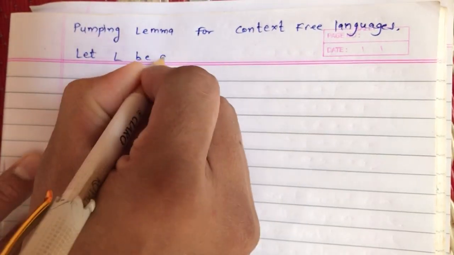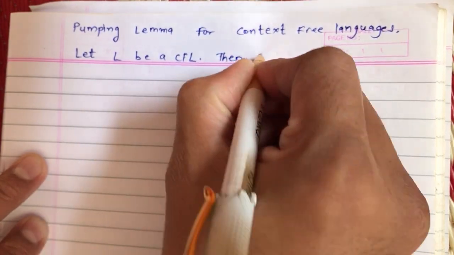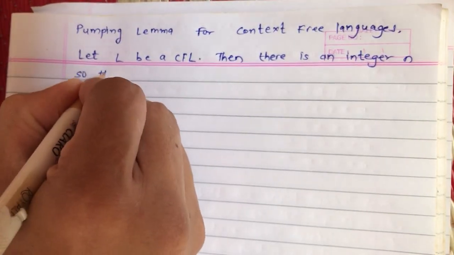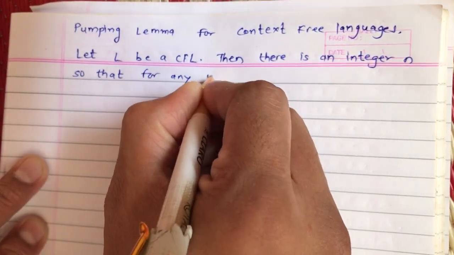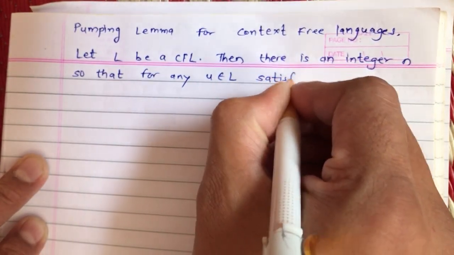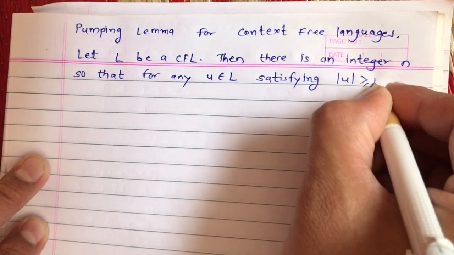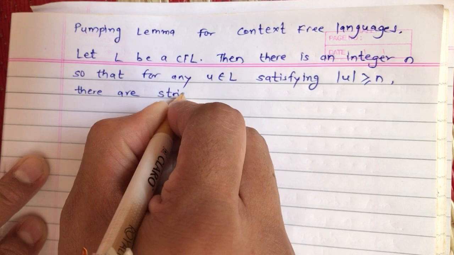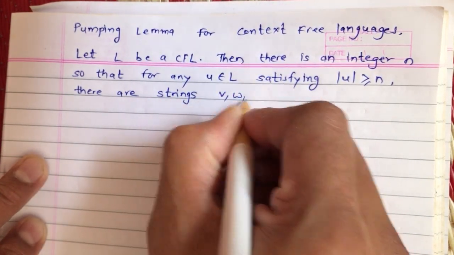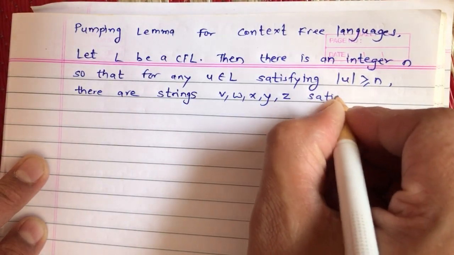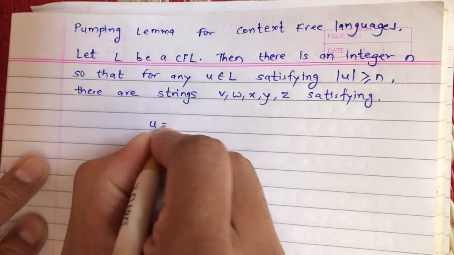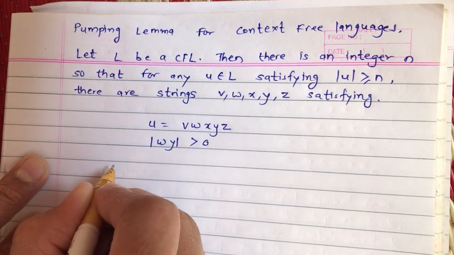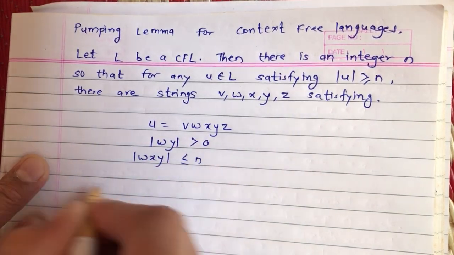Let us assume that L is a context-free language. Then there is an integer n, so that for any string u that belongs to that language, satisfying the constraint that the length of that string is greater than or equal to n, there are substrings of this string in the form of v, w, x, y and z that satisfy the following: u is equal to vwxyz, length of wy is greater than 0, length of wxy is less than or equal to n.